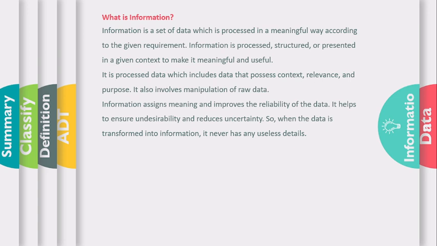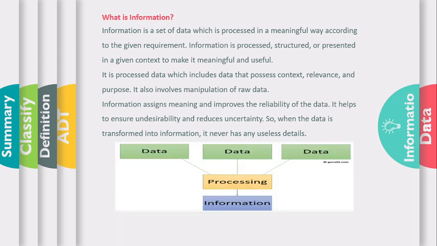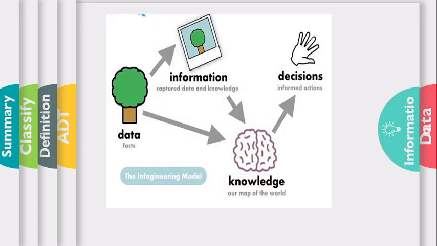Information assigns meaning and improves the reliability of the data. It helps to ensure understandability and reduce uncertainty. So, when the data is transformed into information, it never has any useless details. Here is the short form of the information: data goes through processing and then becomes information. This is the information model.